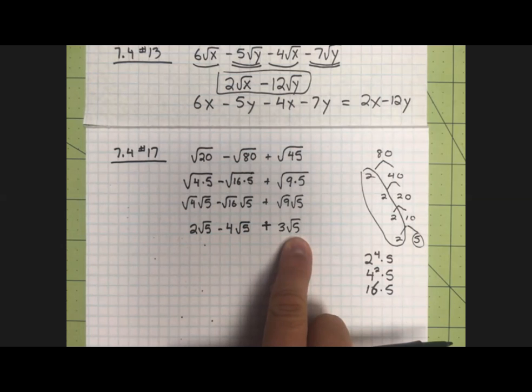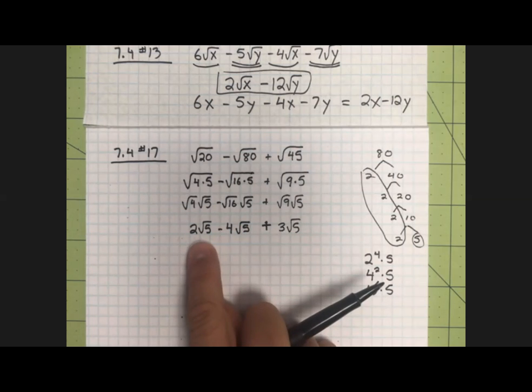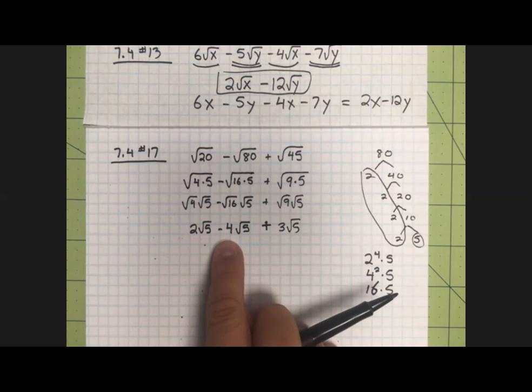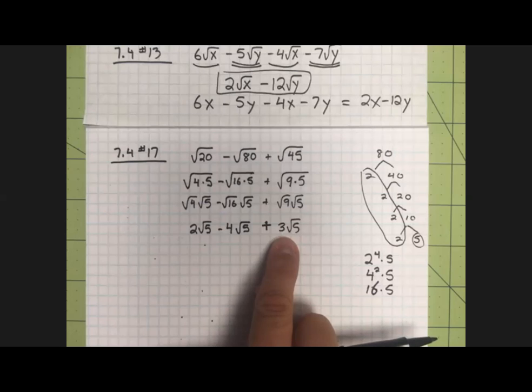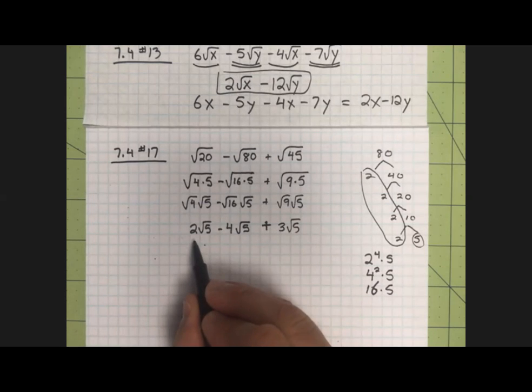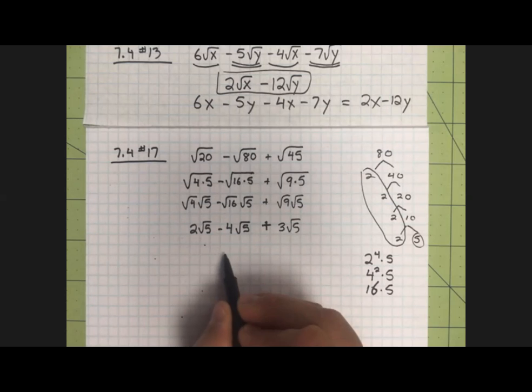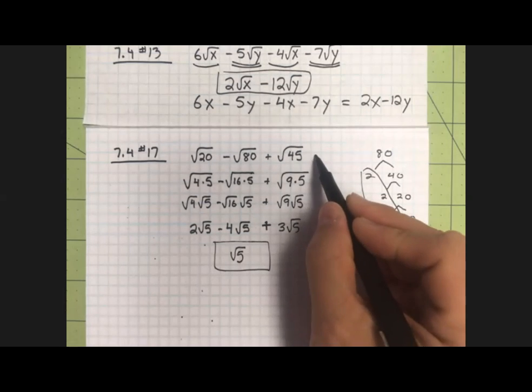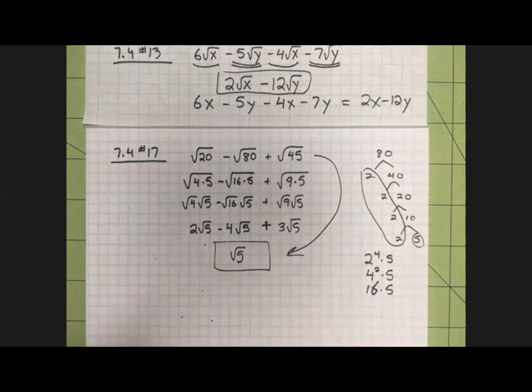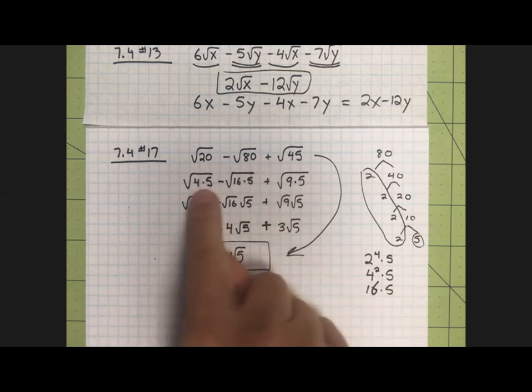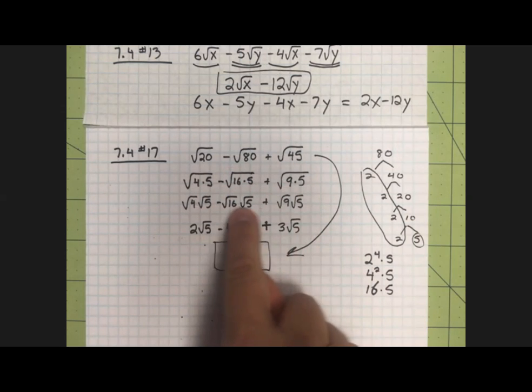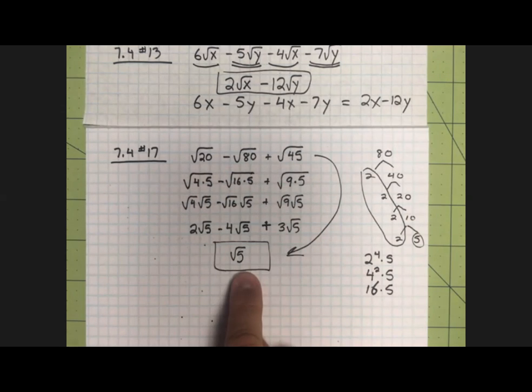And now this looks like one of the problems we did earlier. I got 2 of them, and I subtract 4 of them, and then I add 3 of them. When the dust settles, I just have the square root of 5. Just one square root of 5. Look at that. So that came dramatically easier after I combined like terms.